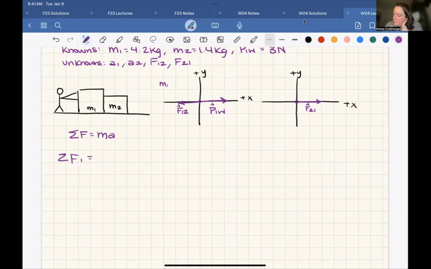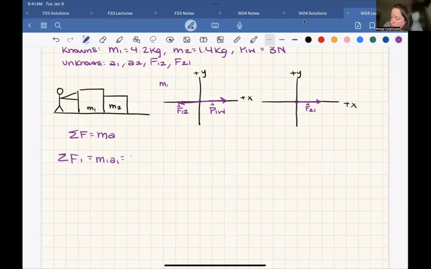Crate 1, mass 1, acceleration 1. Now this is a little bit easier to show you what I was talking about at the beginning of last lecture with that example, because we only had one force, so I couldn't really show you what I meant entirely. But now we have two forces. So this is how we do this. Normally a summation just means the forces added together, but forces are vectors, so we have to take into account their direction.